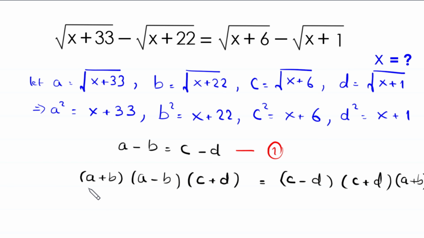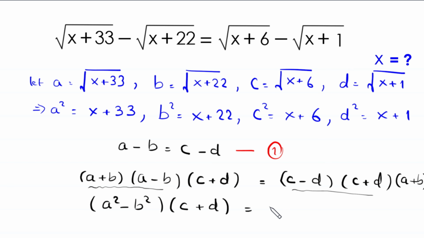This a plus b times a minus b becomes a squared minus b squared, times c plus d, equal to c minus d times c plus d, which becomes c squared minus d squared, times a plus b.